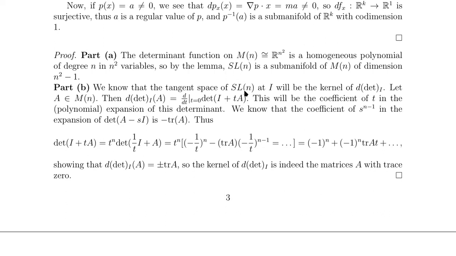The tangent space of SL at I will be the kernel of the derivative of the determinant map at the identity matrix, right?